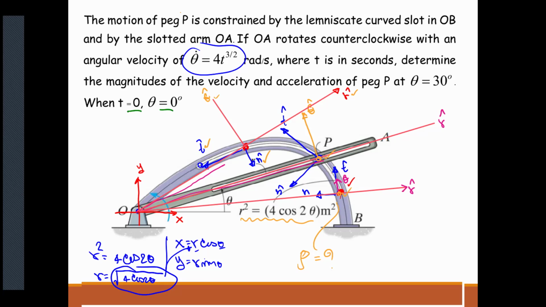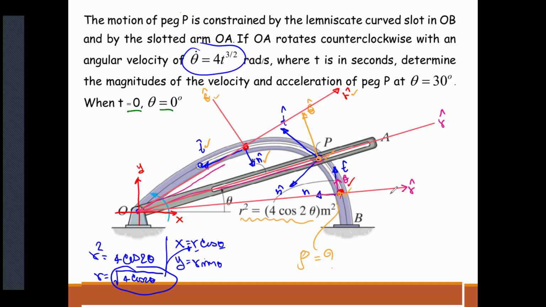Actually, they are maybe not exactly the same, but at the starting point they are very close. After that, when it moves, it changes to another position, maybe around here.